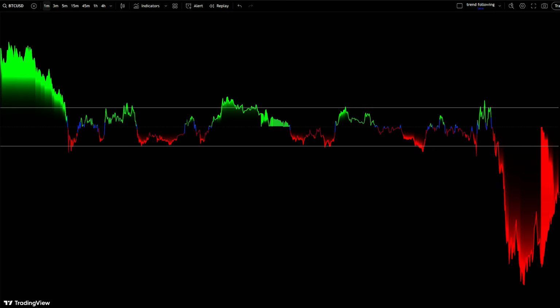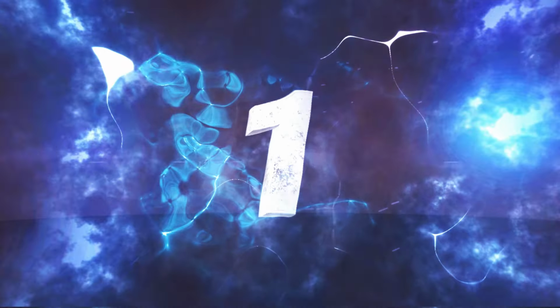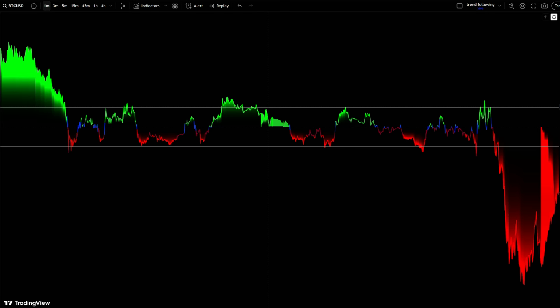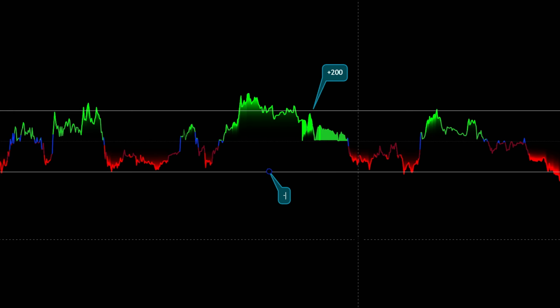Now, don't skip this part. This oscillator does one thing only. It tells you if the market is trending or ranging. If the line stays between the two bands, the market is choppy. Breaks fail, zones get reclaimed.